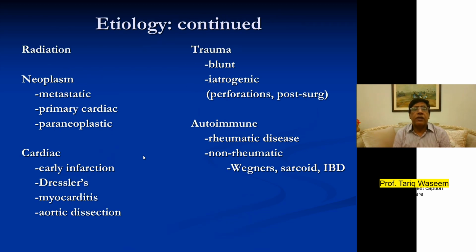Radiation we already mentioned. Neoplasm may be metastatic or may be primary from the cardiac. We already mentioned that in early infarction you may have a small effusion, and similarly following 6 or 8 weeks of infarction, you may develop an autoimmune type of reaction from the pericardium, leading to significant pericardial effusion, pain, fever, and left shoulder pain, which is called Dressler syndrome.